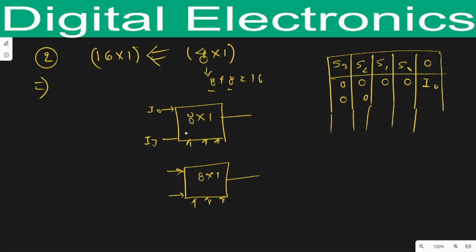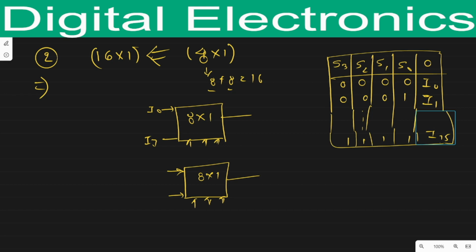When the selection line value is 0 0 1, we will get output I1. Similarly for the other conditions. For the last selection line combination, we will get output I15.